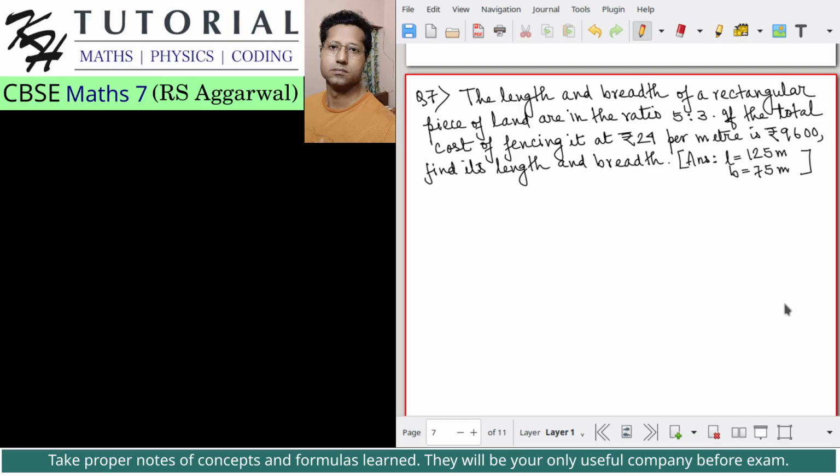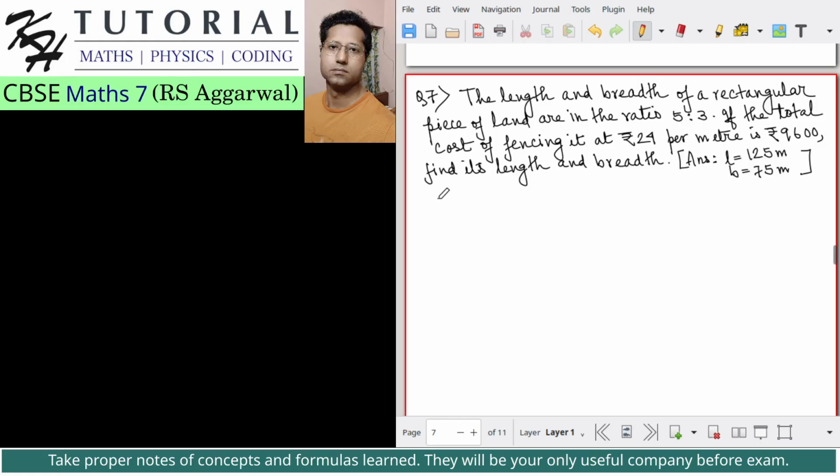And it is given that the total cost of fencing it at rupees 24 per meter is 9600. Find its length and breadth. So definitely from the total cost and the cost per meter, we can find the perimeter of the rectangular field.